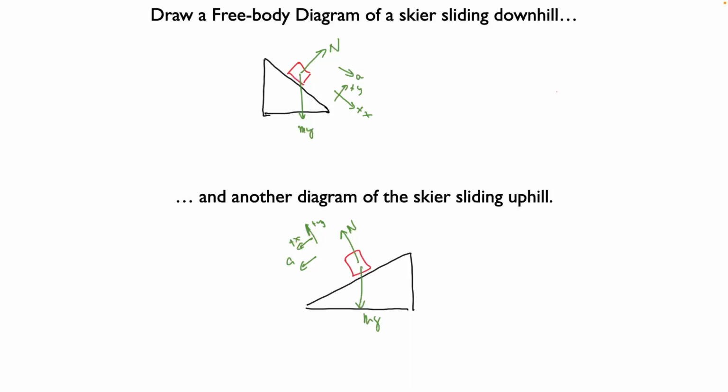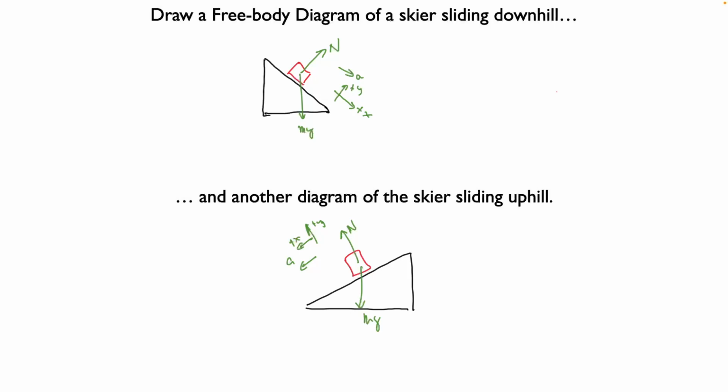A free body diagram tells you nothing about motion, like what the object is actually doing. What it tells you is how the object's motion is going to change. I can tell you right now, the top diagram tells me the object's motion is going to change down the hill.